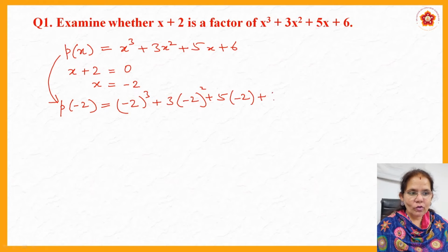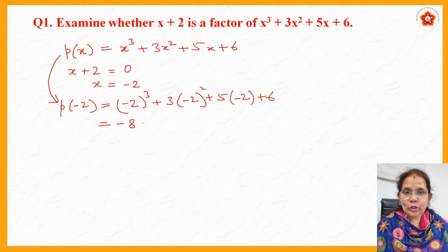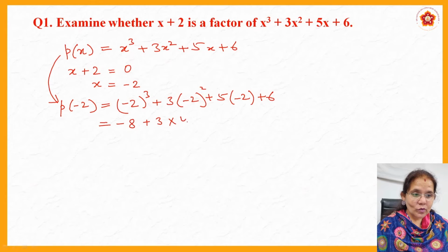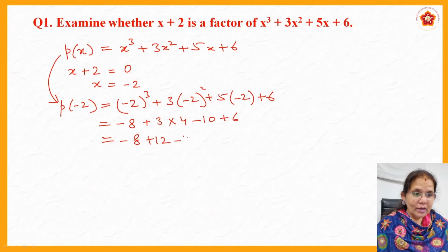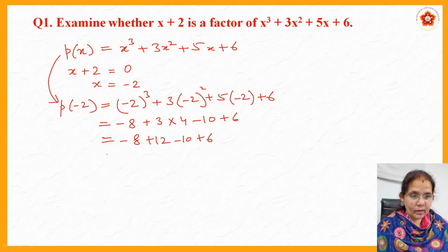I have put the value of x as minus 2. Solve: minus 2 whole cube is minus 8. Then we get minus 2 square is plus 4, and 5 into minus 2 is minus 10, plus 6. If we simplify it further, we will get 18 minus 18. So 18 minus 18 is 0.